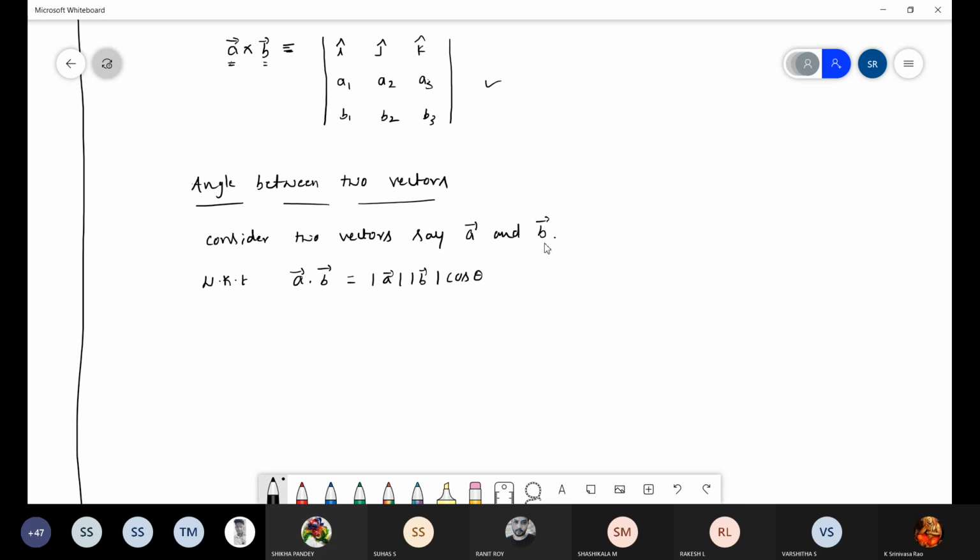Correct? So this implies, I want to calculate the angle, no? So what is cos theta? Cos theta equals A dot B divided by magnitude of A into magnitude of B. Just cross multiply magnitude of A and magnitude of B to the left hand side, and I will write cos theta. So this is the main definition or formula to calculate the angle between two vectors.